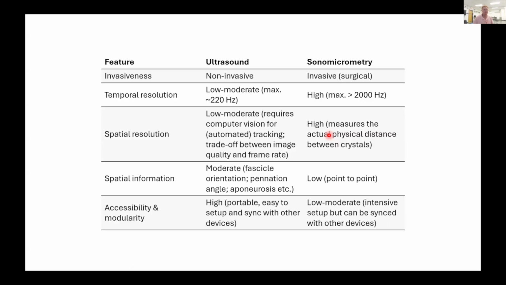Of course, this is a technique used for animal research, not humans at the moment. But a lot of this is pretty intuitive, right? The main advantages of using ultrasound are that it's non-invasive. You get a bit more detail about the movement of surrounding structures, and it's highly portable and easy to set up and sync with other devices.